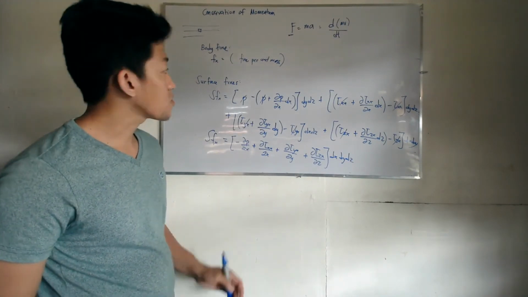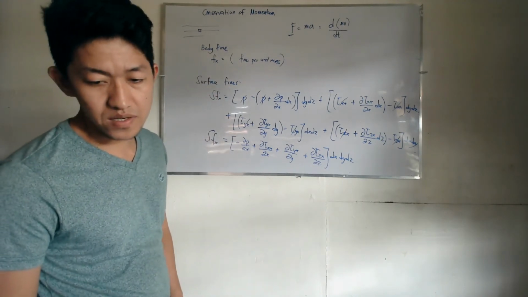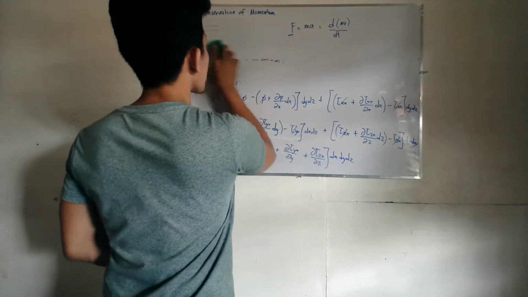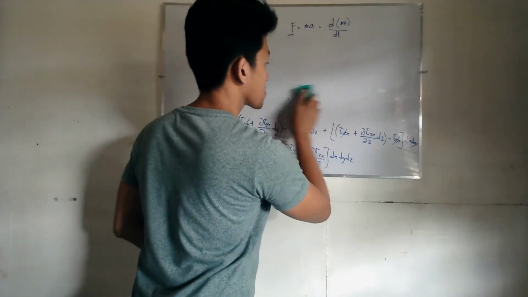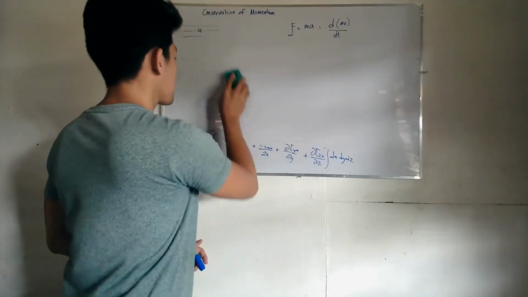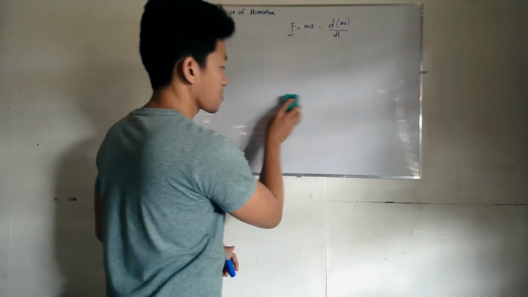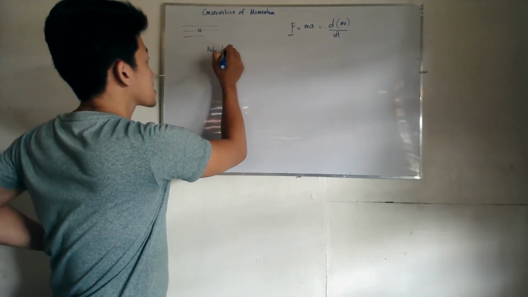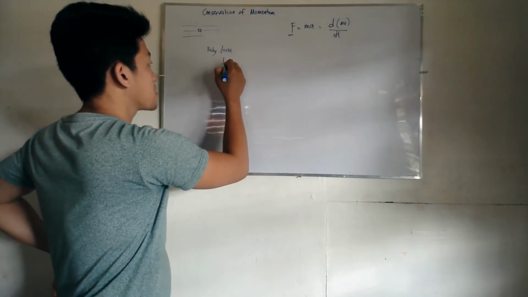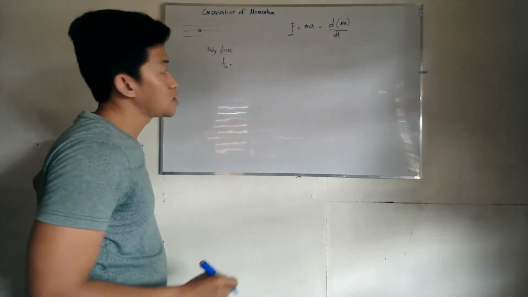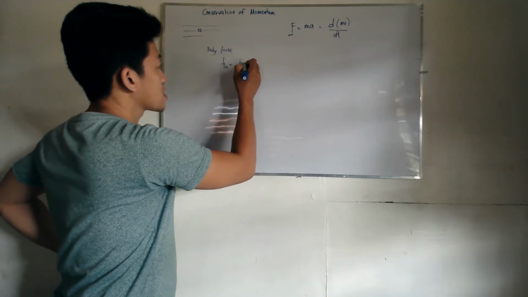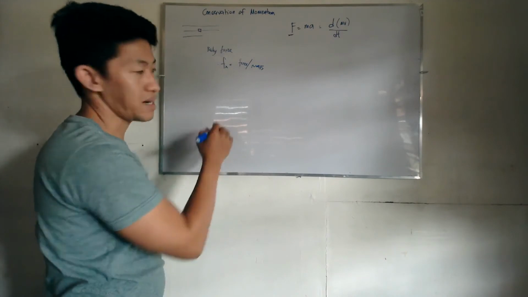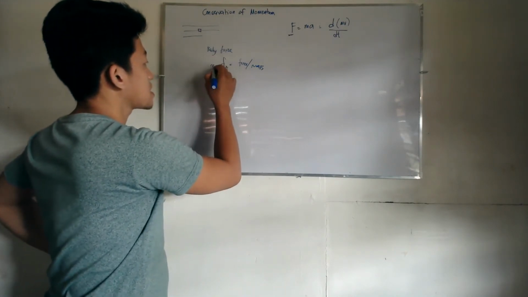Okay. So we add the body force and the surface force. By the way, the body force is f of x, right? Multiply it by the mass, since it is force per unit mass.